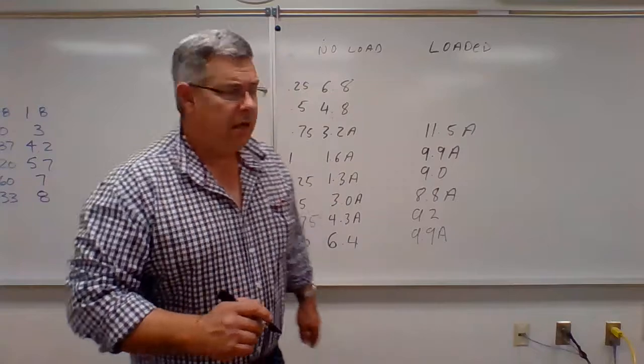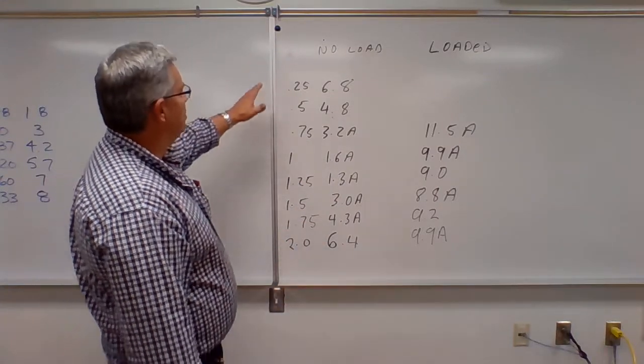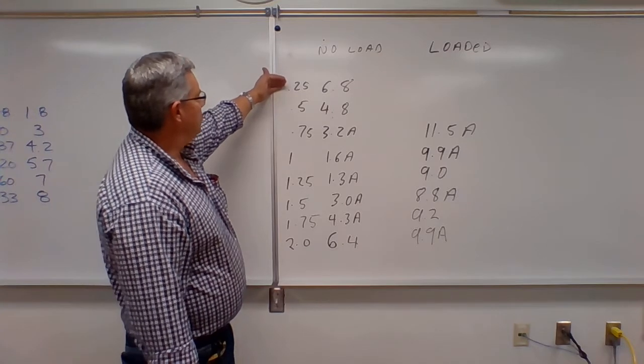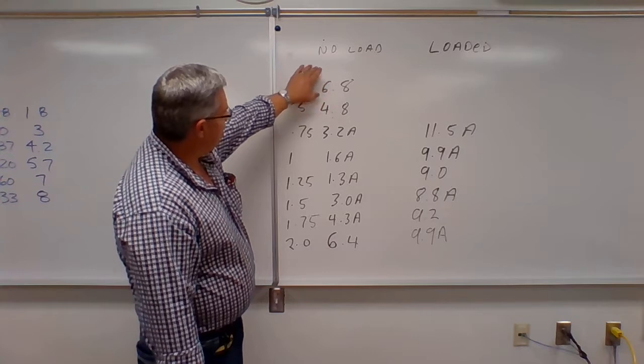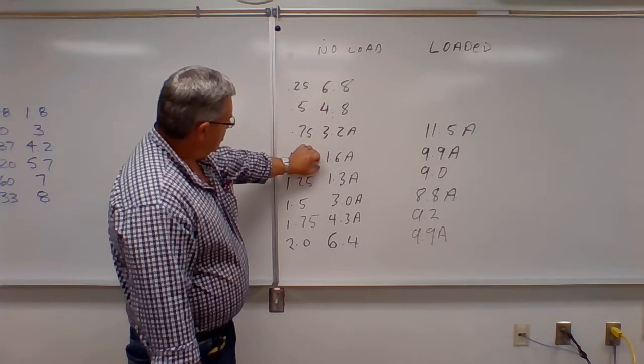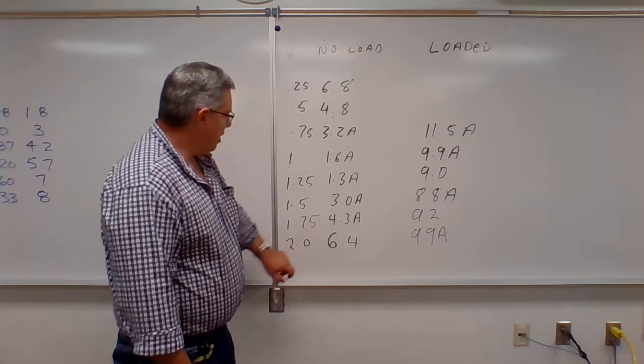You see these? I recorded our numbers on the board here. With no load, we started out at 1/4 of an amp and went up to 2.0. You can see our current started out high, dropped down, this was our lowest point, and then it started to come back up.